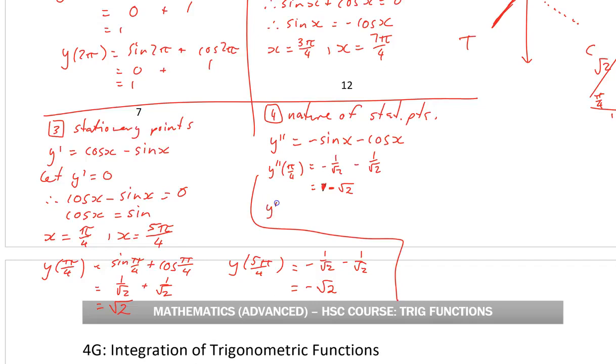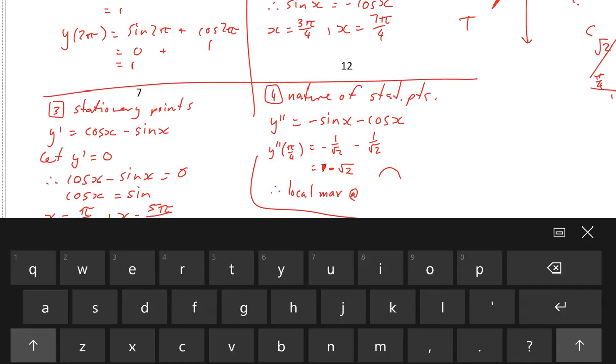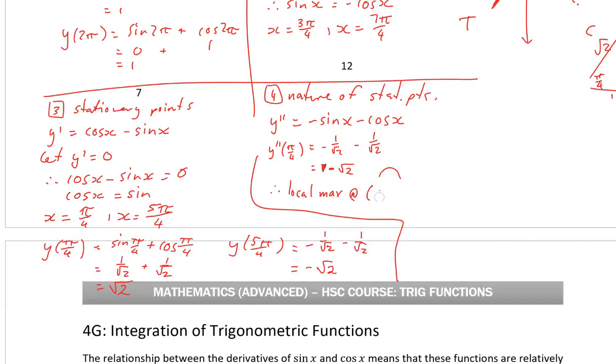Therefore, that's a negative, so I have a local maximum. That means it's doing this, like that. Therefore, I have a local max at pi over 4, root 2. There's a maximum.